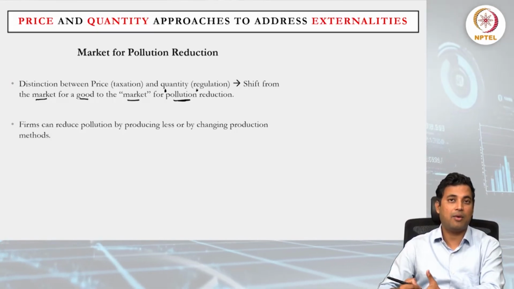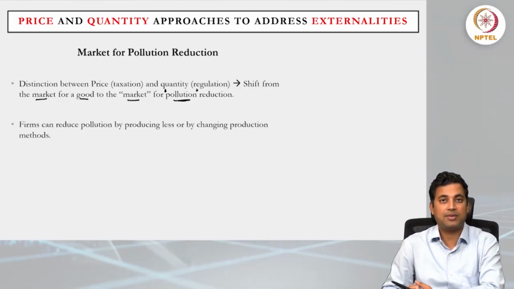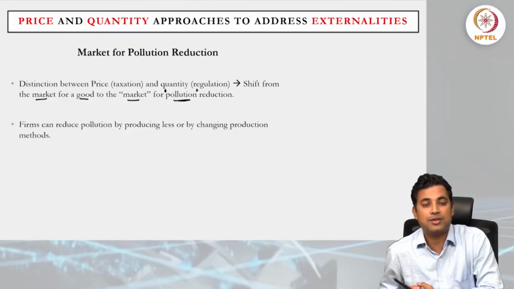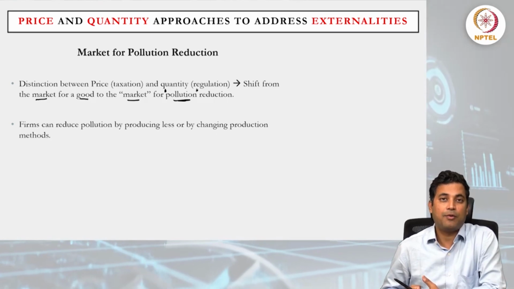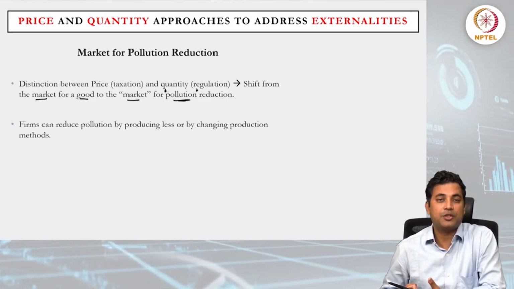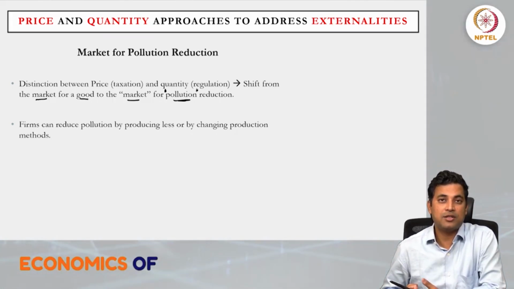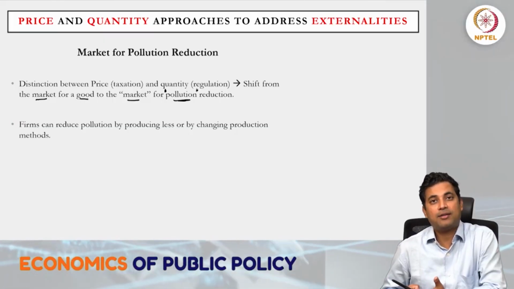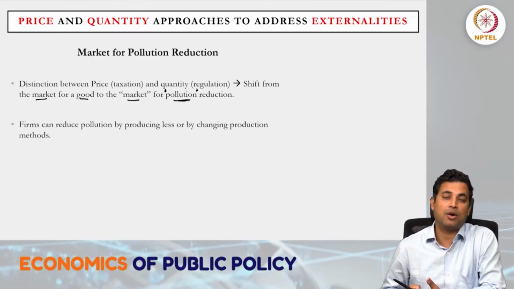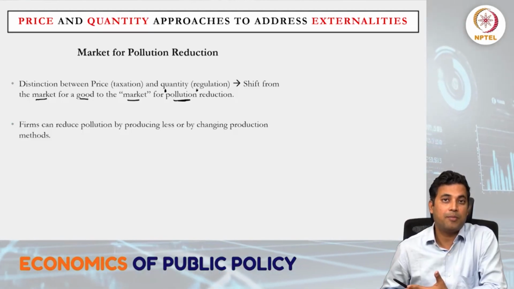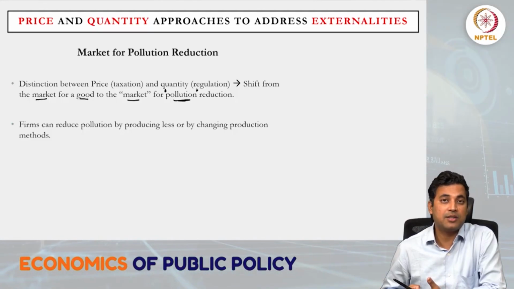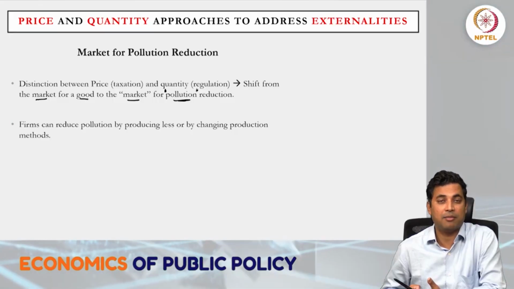Like in our previous examples, if in case of private solutions $100 is involved for producers to pay to the fishers' community, or in case of public solutions $100 is imposed, which the firm or producers will pay to the government.